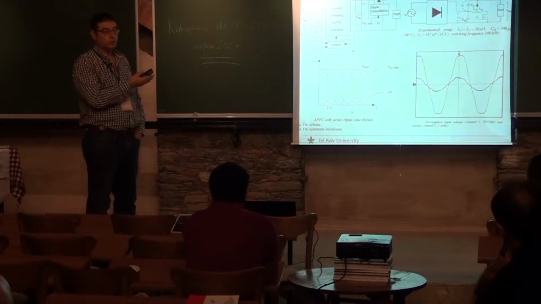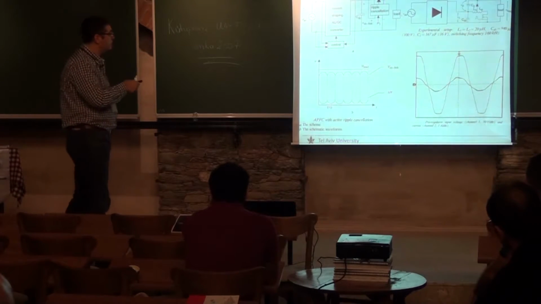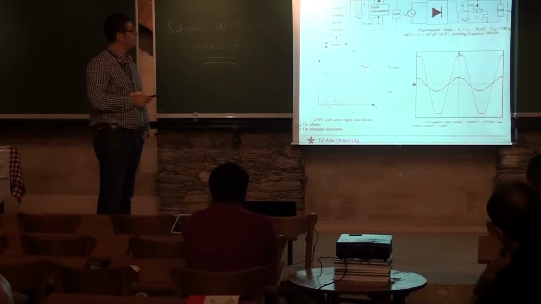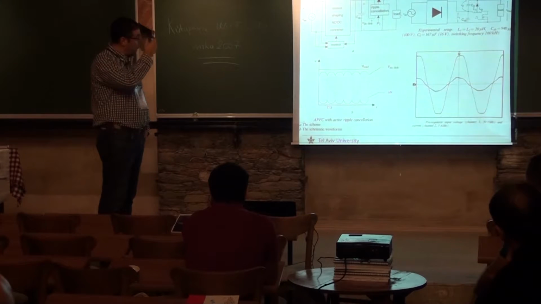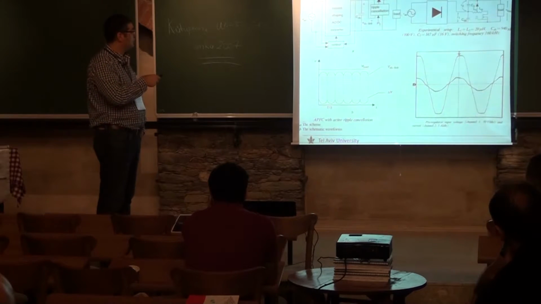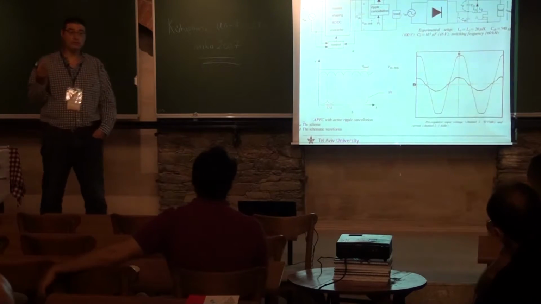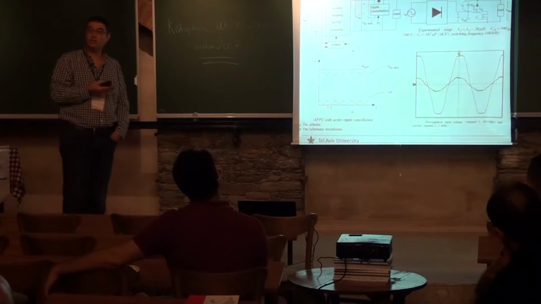Then you'll produce harmonics. So you must allow for this ripple to develop across the capacitor. And then you have to get rid of this. So in most cases, they have another stage here that all the power goes through, and it converts it to a different voltage level and also takes care of the ripple.